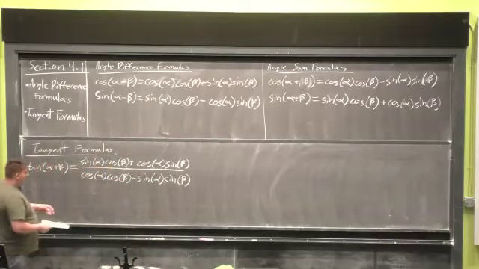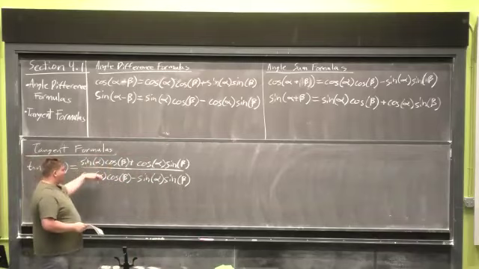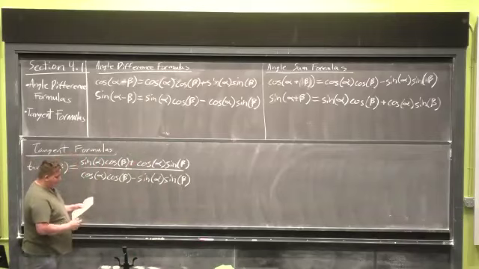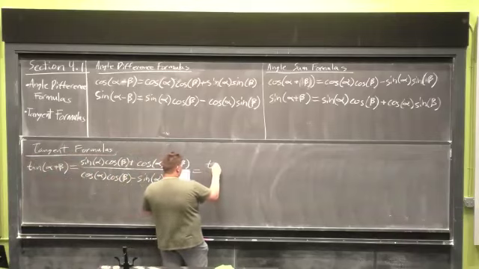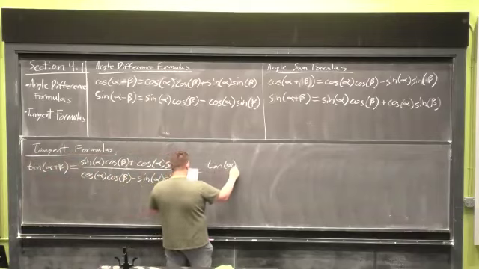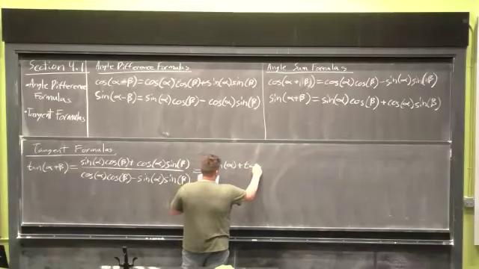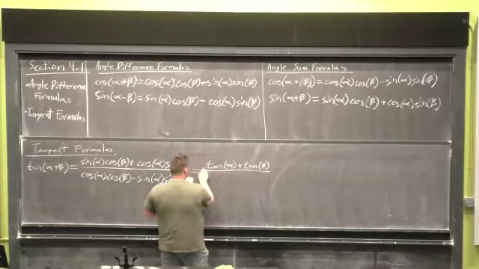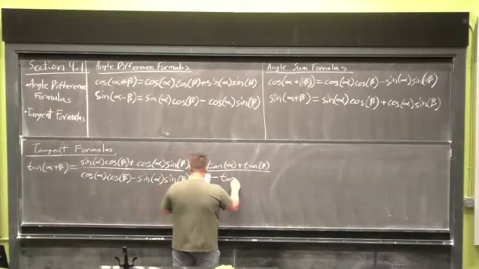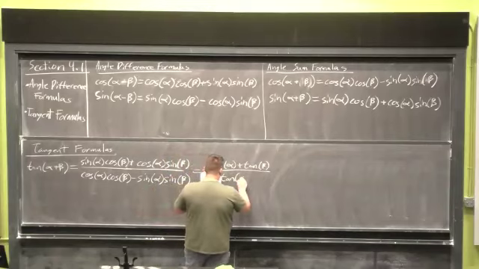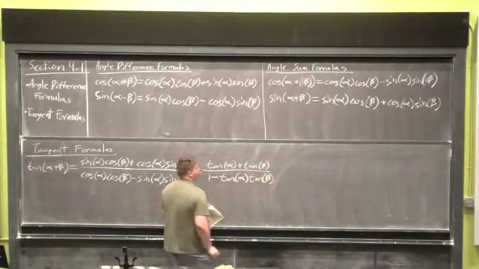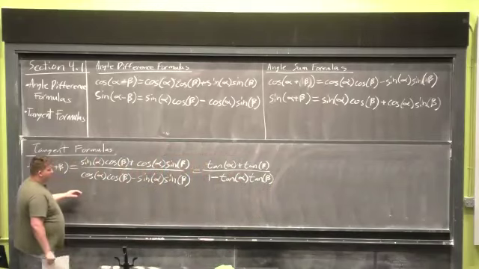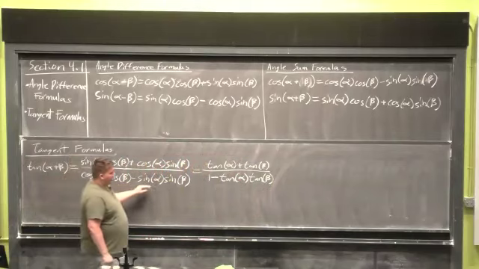Now, we can take this and we can start running through different trig identities, and we'll eventually get to tangent of alpha plus tangent of beta divided by 1 minus tangent of alpha times tangent of beta. How will we go from here to here?